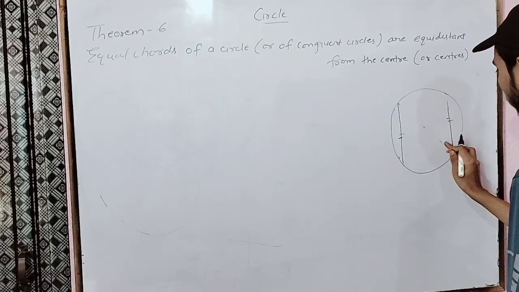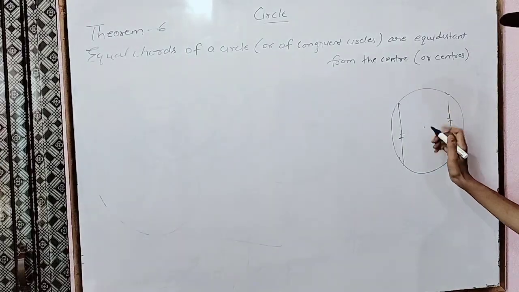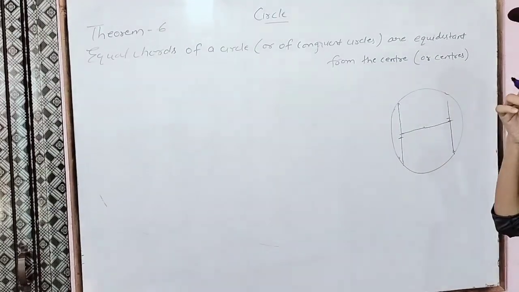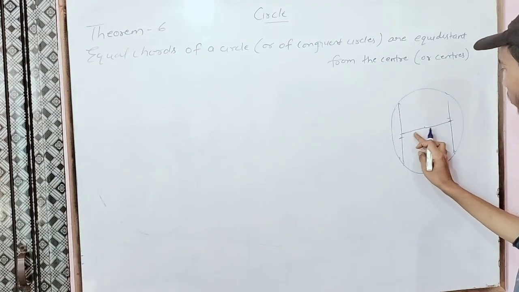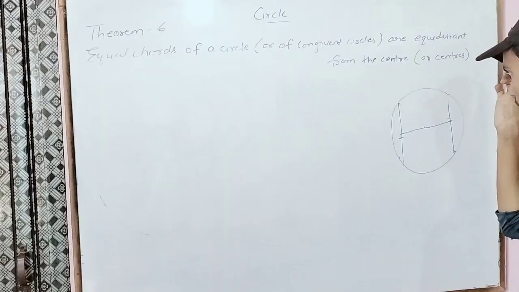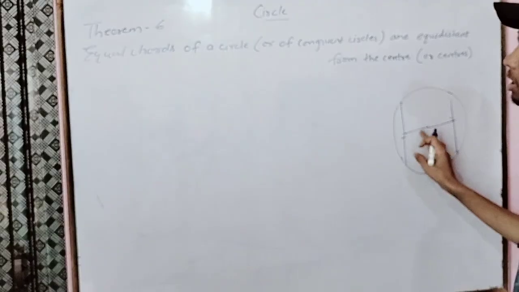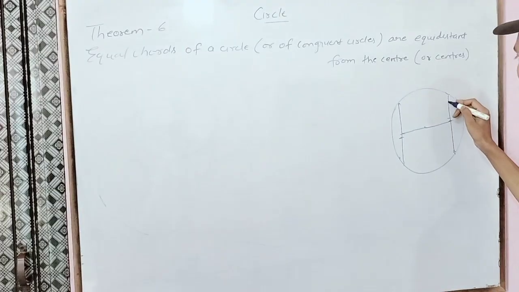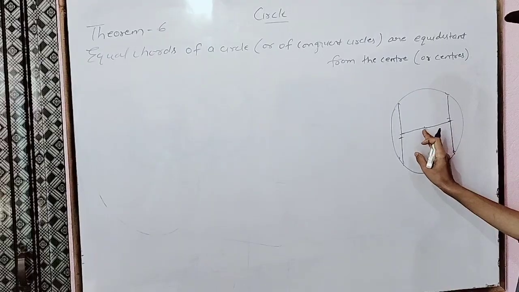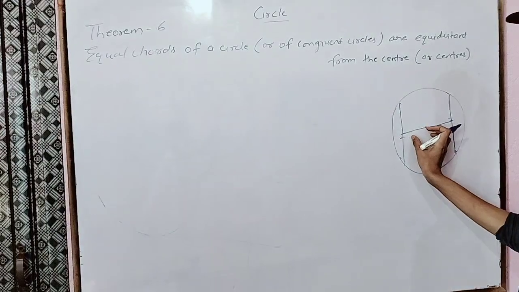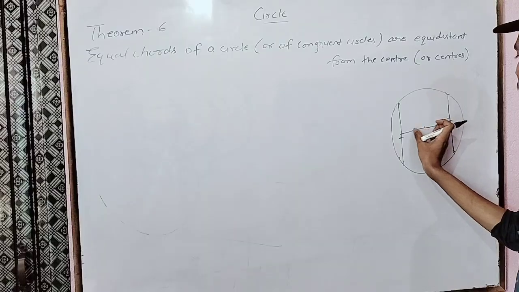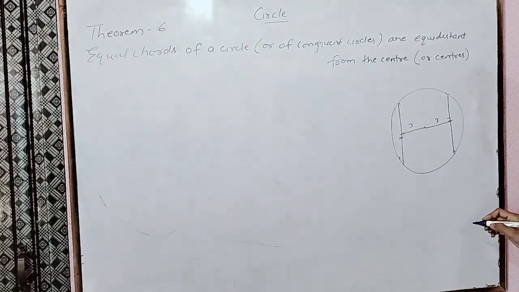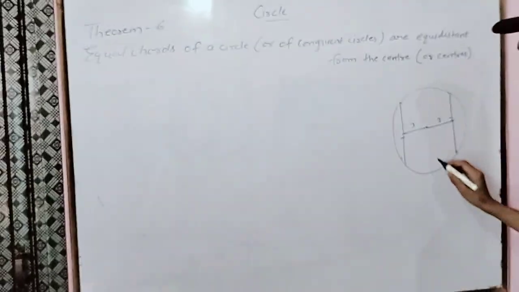So here this is a point, and now a line segment is coming from the center like that. This is making a perpendicular. Now this distance is not a radius. Equal chords of a circle, there are two equal ones, so they are equidistant from the center. This makes 3, so this will also make 3 from the center. Clear?